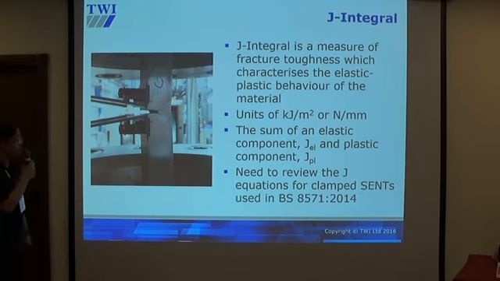So J integral is a measure of fracture toughness. I know I'm probably just trying to fill in the background in case any polymer people have come in to sit and fill up the back. It characterises the elastic plastic behaviour of the material.